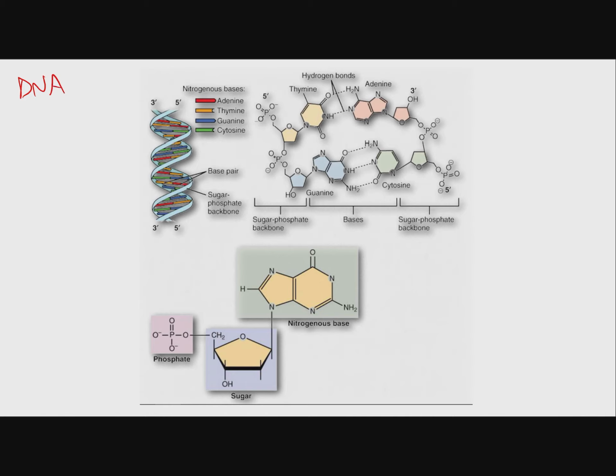So DNA is the hereditary molecule. It's got the hereditary information in it, and it gets copied and passed on from generation to generation. We don't need to really go over when it was discovered. I think you guys know. The structure of the double helix was most famously elucidated by Watson and Crick.